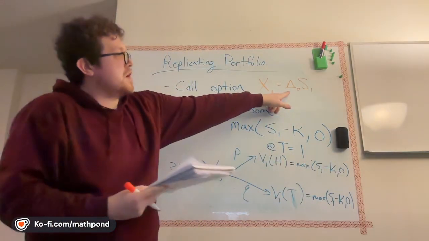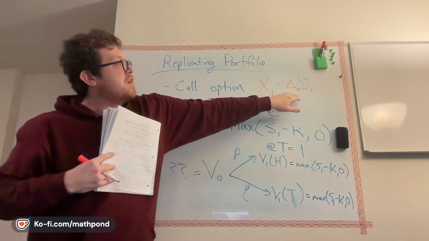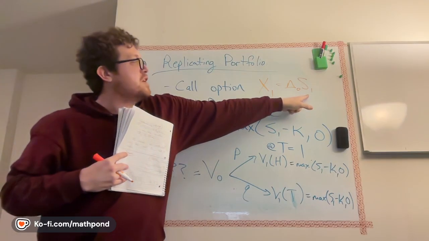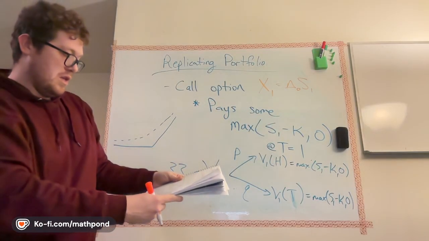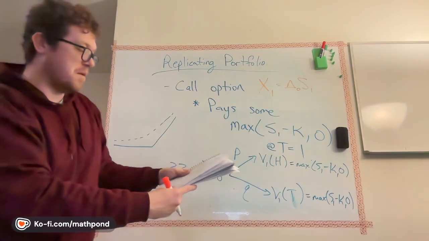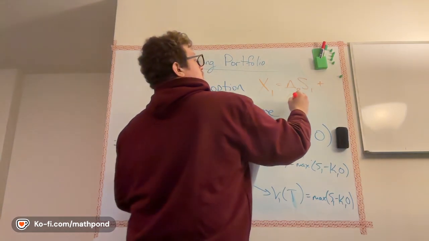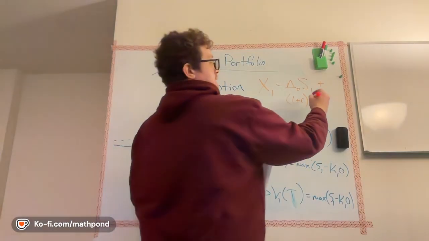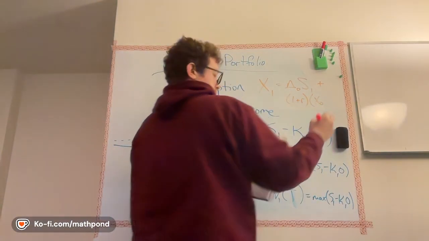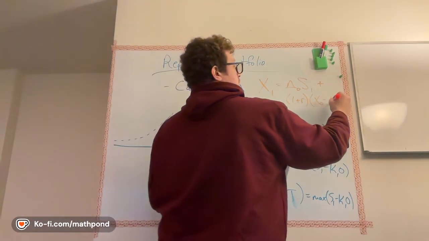So basically we're going to buy some delta 0 number of shares, and then the value of our portfolio will be delta 0 times S1 at time 1, plus we invested some amount of cash at the risk-free rate, so plus 1 plus R times how much cash did we invest? Well, it's X0 minus the amount we put in the stock.